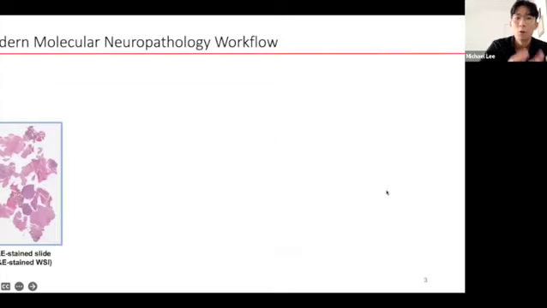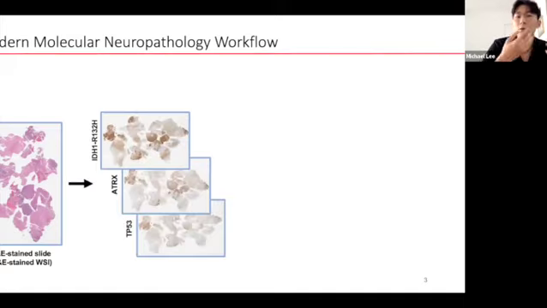To go over the neuropathology workflow that my PI, who himself is a neuropathologist, operates in his day-to-day life: first we start with an H&E stained slide, and he would look at the morphology, the histology of the cells, cellular patterns, and also things like mitoses and what kind of patterns there are. From there, he would come up with a general diagnosis. Then he could order a couple of immunohistochemistry stains like IDH1, ATRX, and P53.